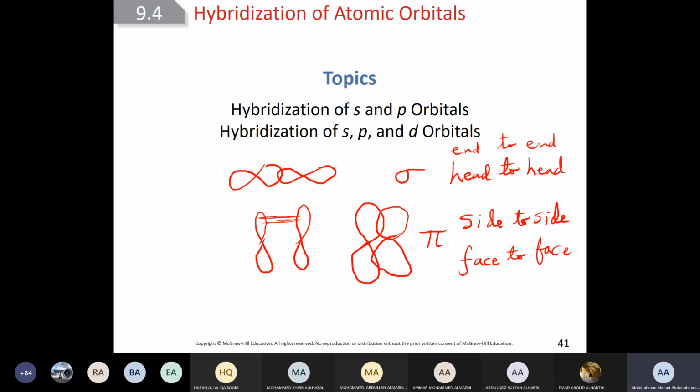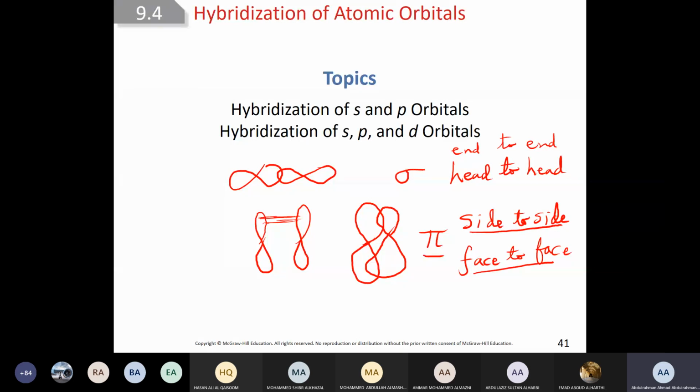Let me try to redraw this. So if we have it like this, the p orbital is interacting with the p orbital, but this time they are interacting side to side or face to face.